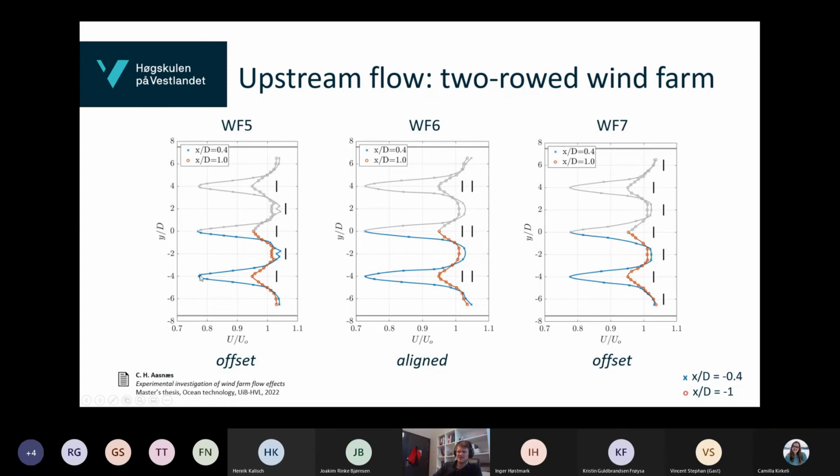So while the velocity reduction here at 0.4 was only about, let's say 22%, it's going to about 27% in these cases. So we can assume that an aligned setup is having a higher influence on those individual zones.